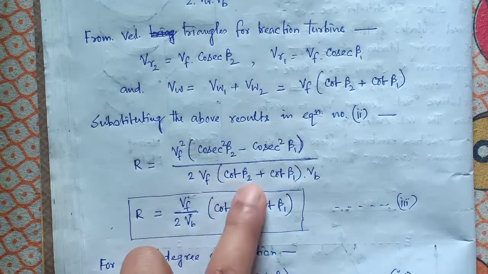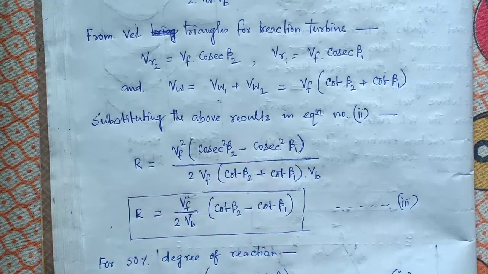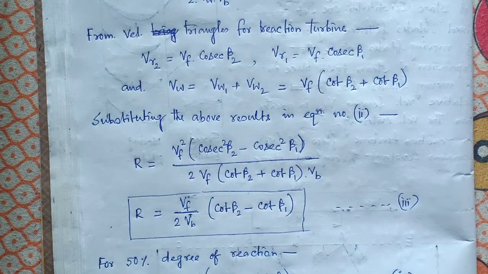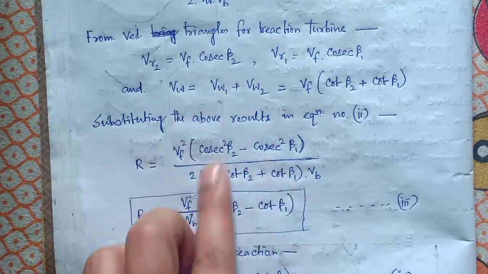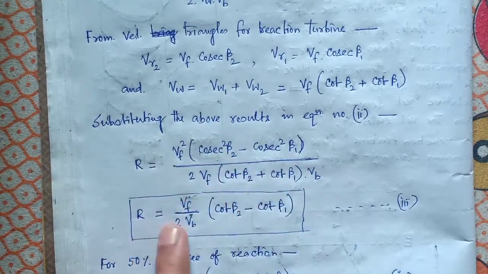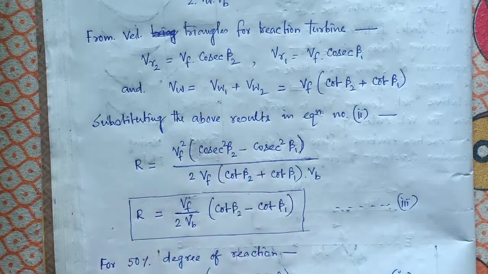Then both cot beta 2 plus cot beta 1 will cancel out, numerator with the denominator. This expression is found, so we will have R equals VA by 2 into VB cot beta 2 minus cot beta 1, the remaining portions after cancelling out.